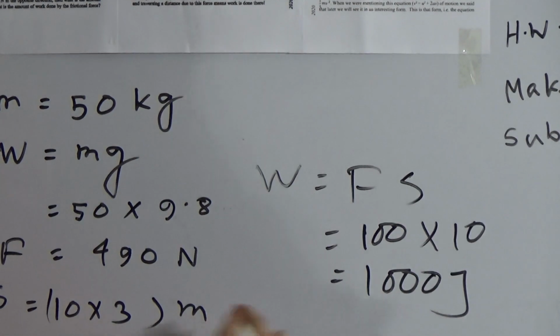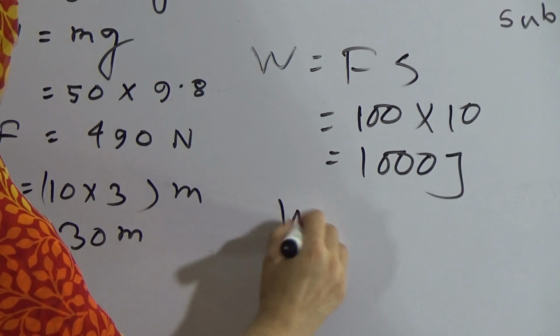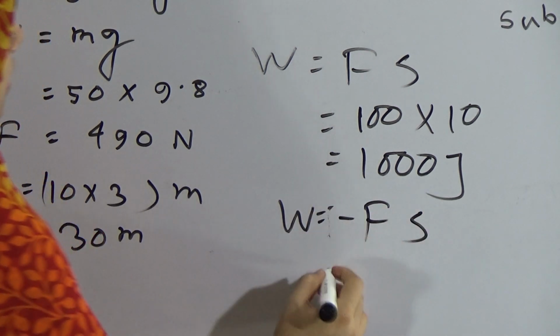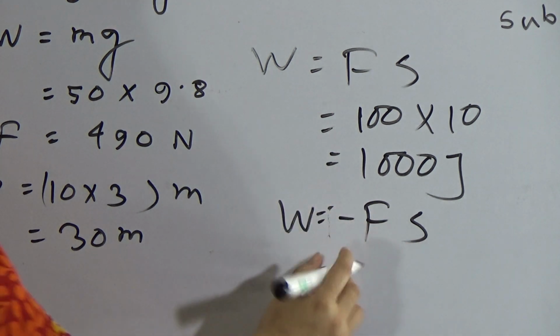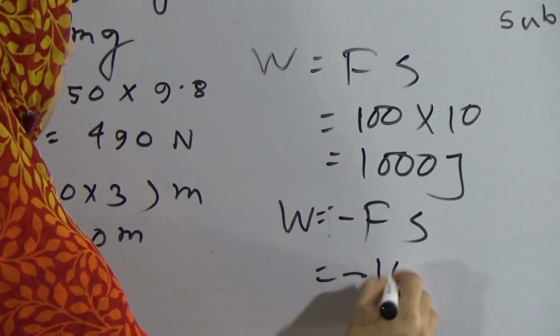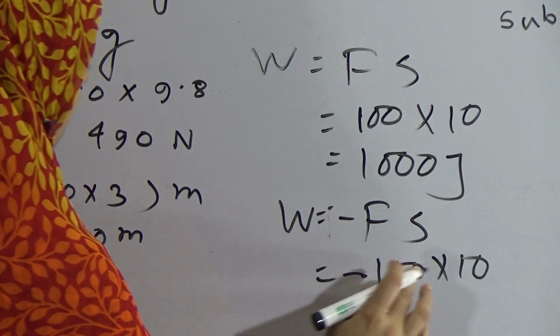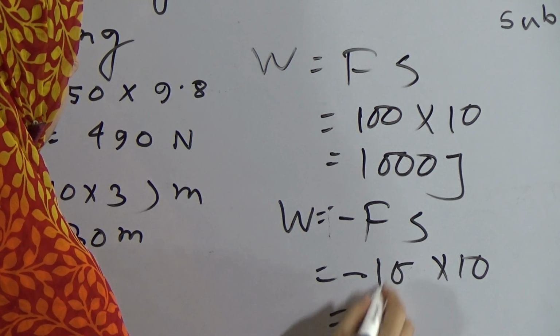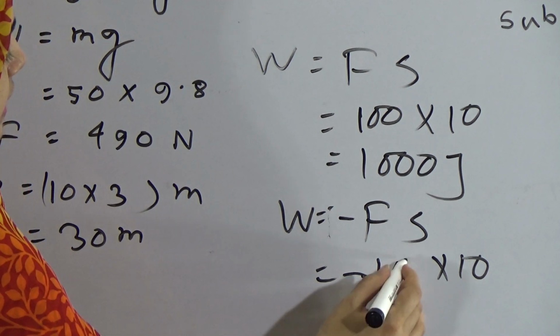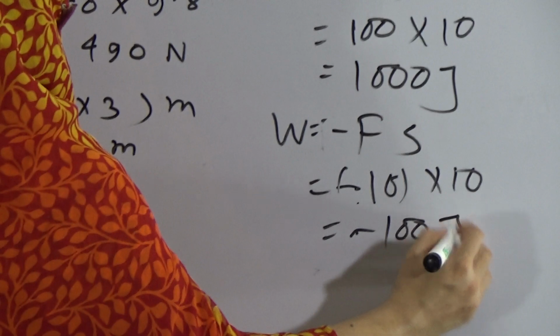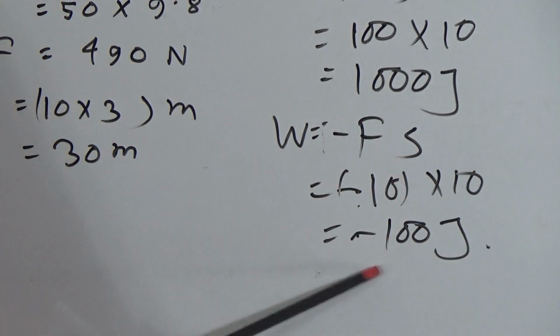The work done by the frictional force is W equals minus Fs, because the direction is negative, so minus F into 100 into 10. Here the frictional force is given as 10 Newton. Okay, so minus 100 joule. This is the work done by the frictional force. Okay, my dear students, practice this mathematical problem.